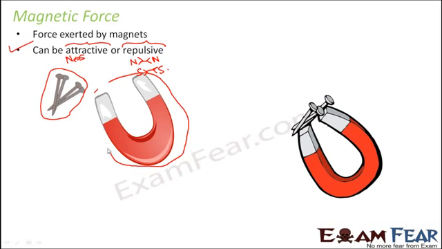Do you think the magnet and the nails were in contact with each other? There is absolutely no contact between them, but still the nails feel an attraction towards the magnet due to the presence of an attractive force. So this force existed even when the objects were not in contact with each other. Therefore, magnetic force is a non-contact force.